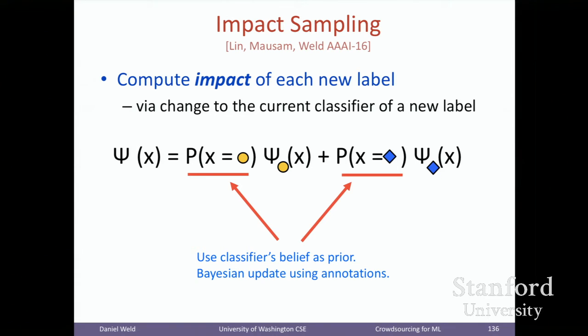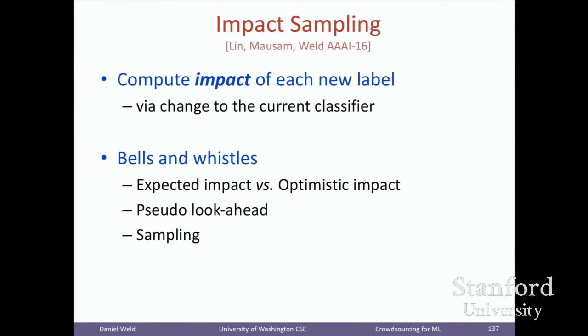How many examples is that going to cause to flip in terms of the classifier's prediction? Suppose it actually comes back as a negative. How many examples is it going to flip? And then what's the probability it's going to come back as a positive or a negative? And I can figure out what the expected impact is of labeling or relabeling that data point. And impact sampling turns out to work really, really well.